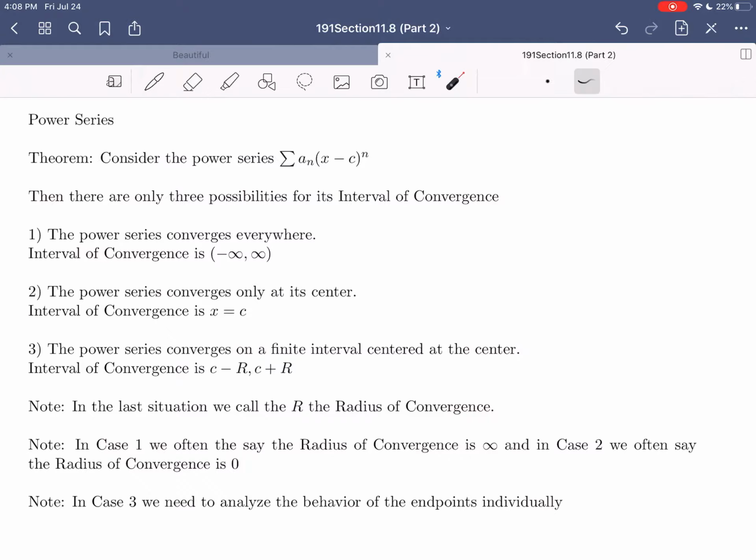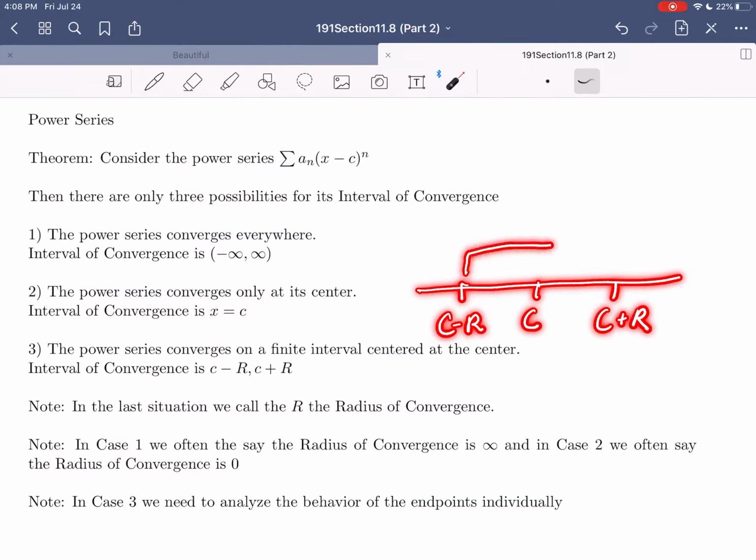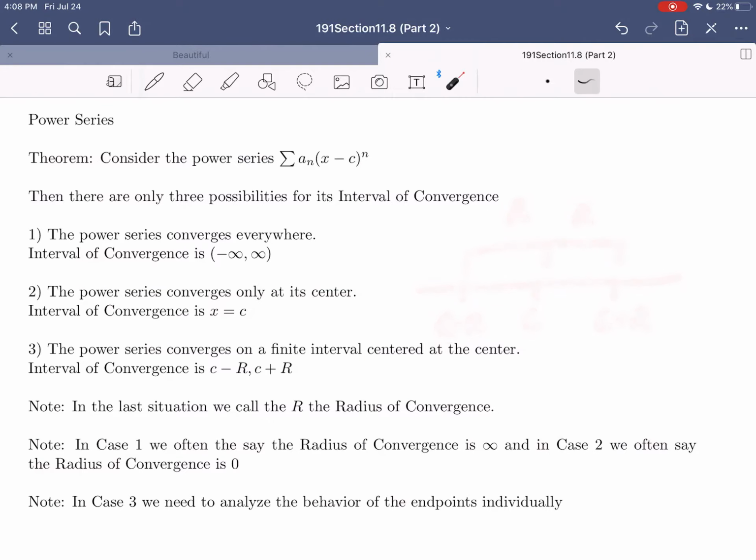And it really makes sense to call it a radius, because if you imagine this interval visually, you have your center here, and then you have your center plus r here, and you have your center minus r here. And the distance between the center and those 2 endpoints is r. So it really makes sense to think about it visually as a radius.